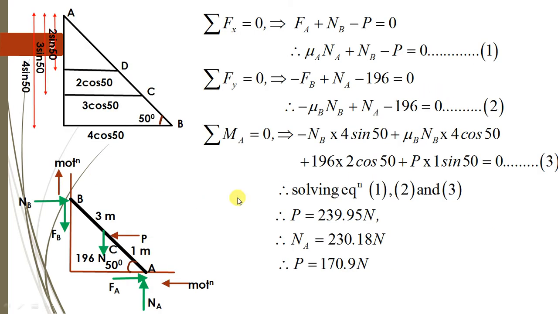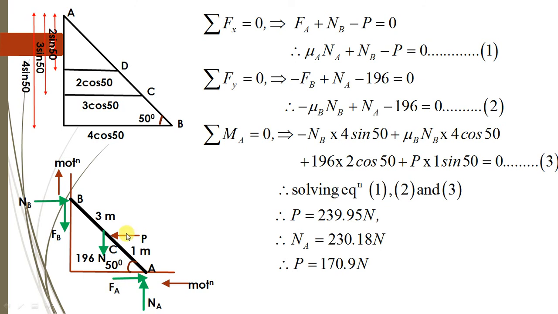After drawing the free body diagram, the next step is to apply the conditions of equilibrium. The first condition: summation of Fx is equal to 0. Here I have assumed towards the right is positive. What are the forces in the x direction? NB, P and FA.